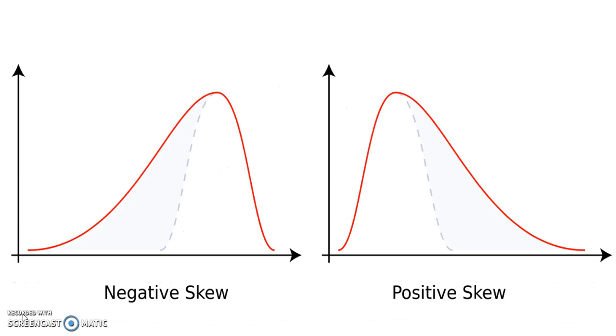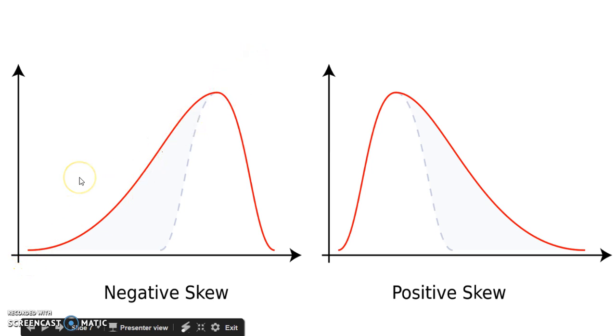And so here you can see our distributions labeled positive and negative skew. Let's focus on the negative skew curve for a moment. If you look here, you can see that the tail end is off to the left. When determining skew, you look at the tail end of the graph.